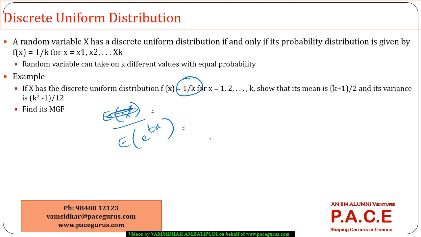F of x is already 1 by k. So you can very well take it as 1 by k into e to the power of, so you are adding up because the expected value of e to the power of tx.